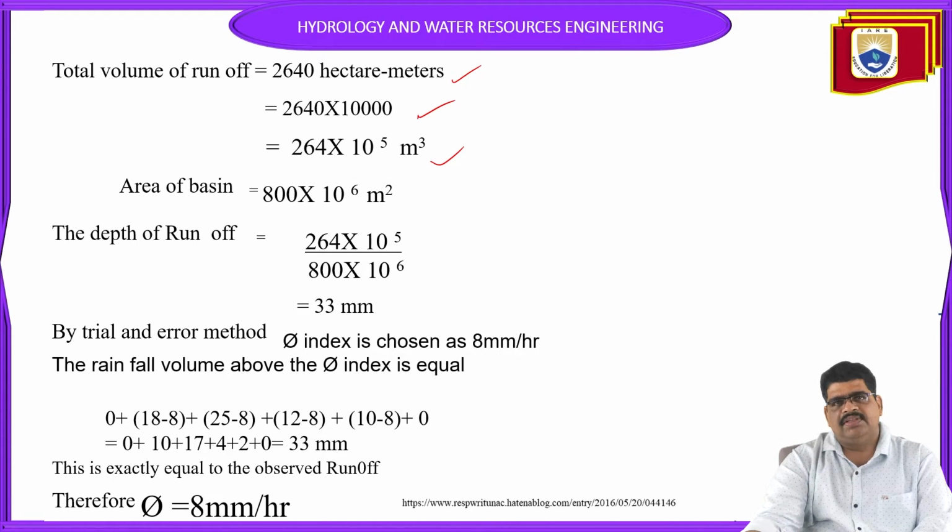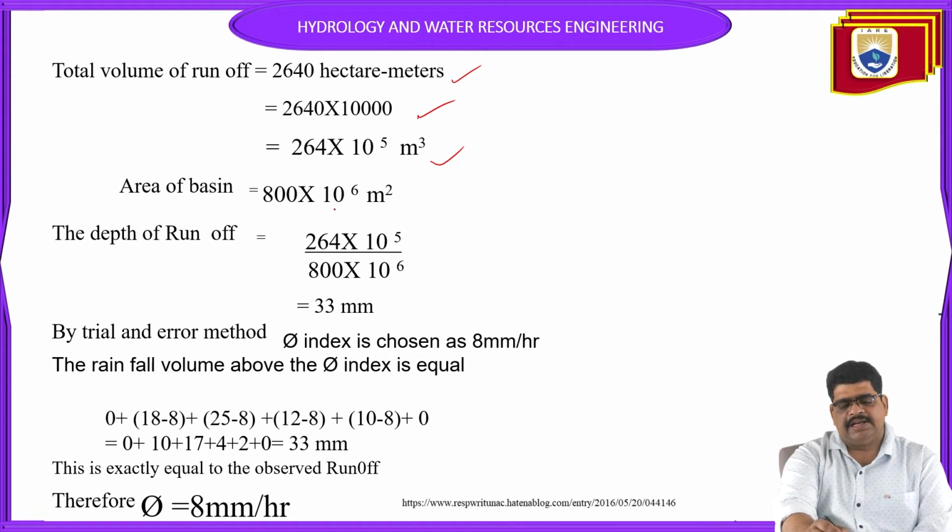Next, area of the basin, already given as 800 into 10 to the power of 6 meter square. Depth of the runoff: volume is equal to area multiplied by depth, and here we have to find the depth.